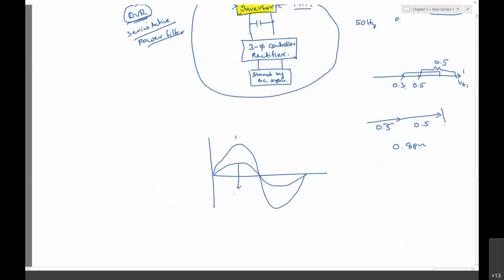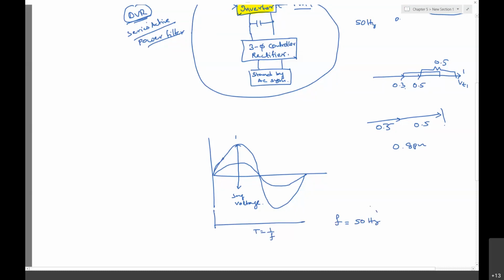This is about the sag voltage. Then we try to improve this sag voltage to the 1 per unit voltage. The voltage has a frequency where T is equal to 1 by F. The frequency of the signal expected is 50 hertz.